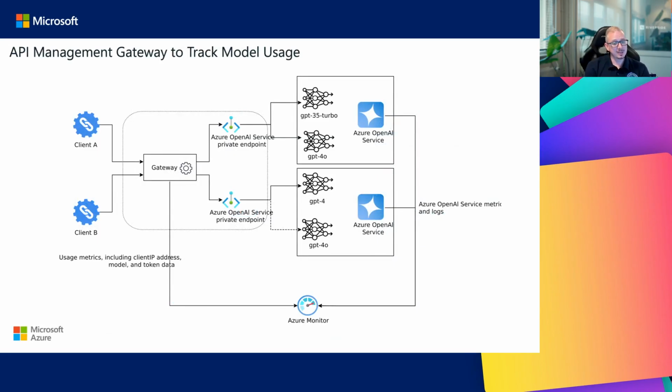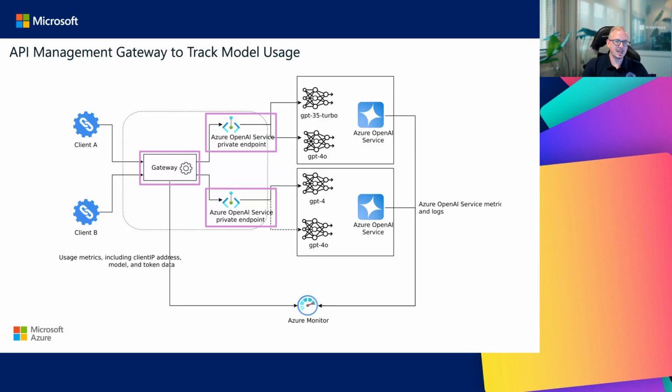So this is essentially the same architecture, except now what we've done is we've placed an API management gateway in between the clients or the customers and the backend Azure OpenAI service. They're also only accessible via the gateway using Azure OpenAI Service private endpoints. So they're not just directly exposed, publicly accessible. What this allows us to do is to capture information directly from the gateway.